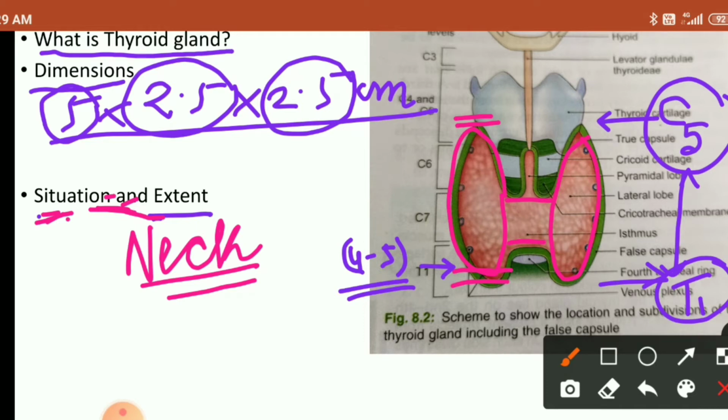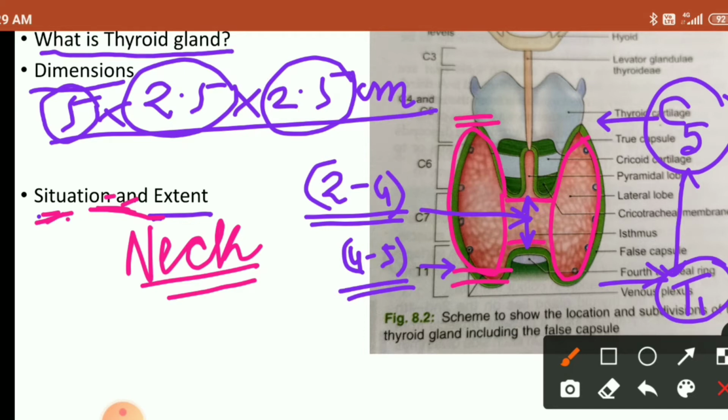It is the overall extent of the thyroid gland. And what will be the extent of the isthmus if we want to know? Then the extent of the isthmus is basically 2nd to 4th tracheal rings. So in this way we have covered the extent and situation of thyroid gland.